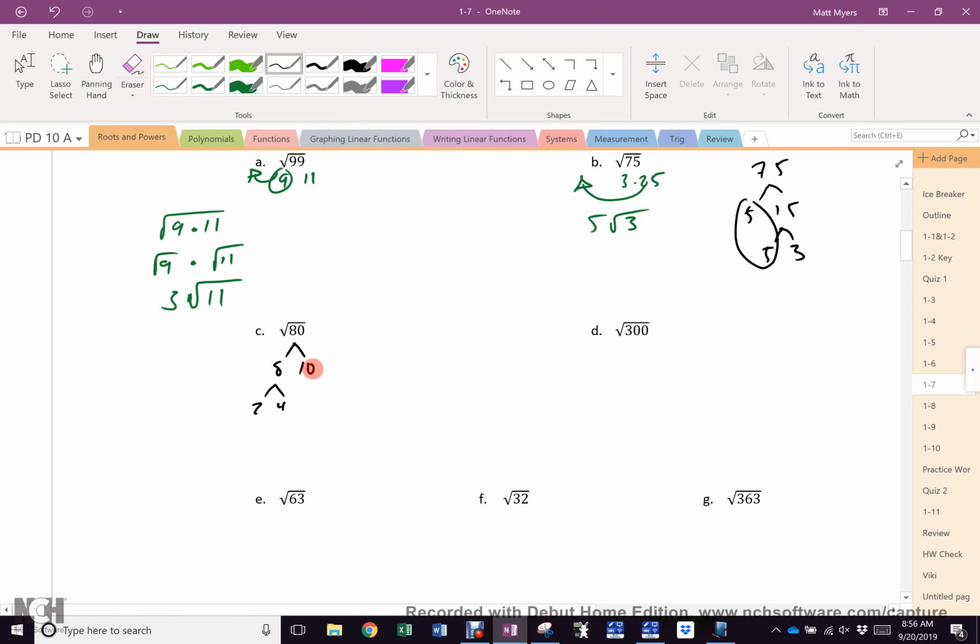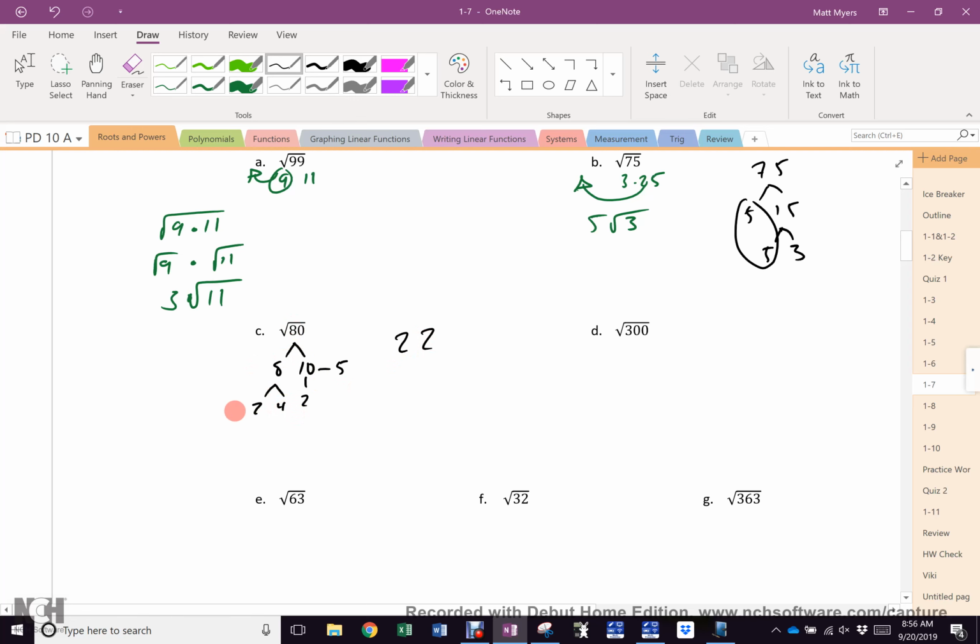What should I do with 10? 2 and 5. Do you see your pair? What is it? 2. So what's coming out? What else is coming out? 2. Another 2, because I want the square root of 4, don't I?